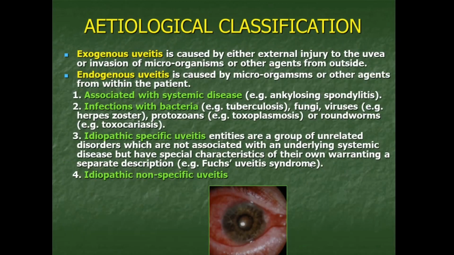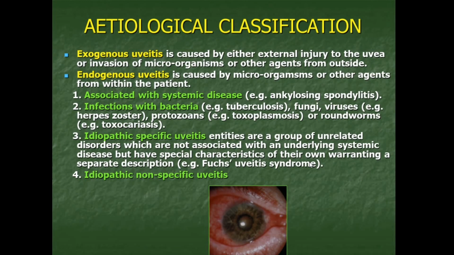Etiological classification of uveitis: we can divide all uveitis into exogenous and endogenous. Exogenous, when the pathological agent comes from outside, usually traumas or surgical trauma, so after operation.